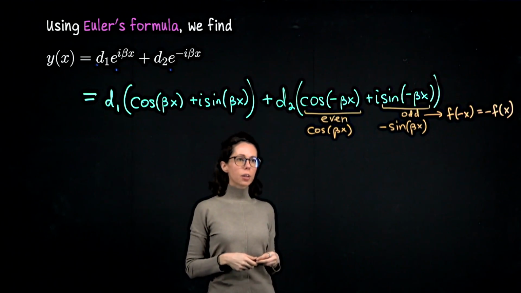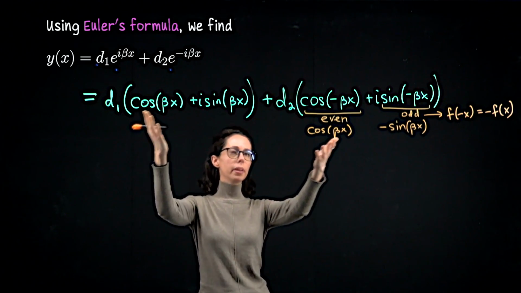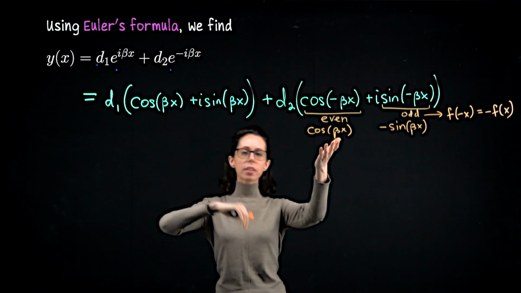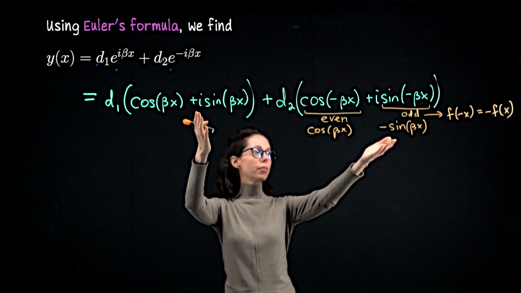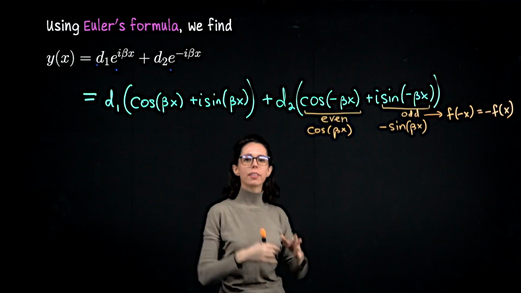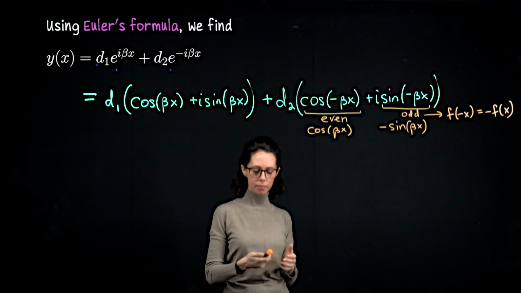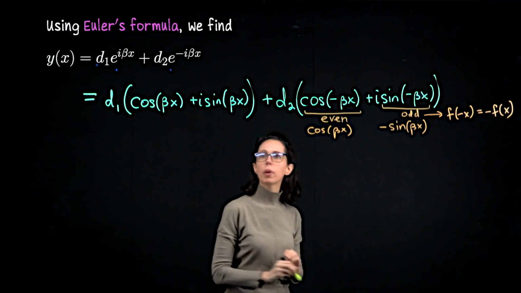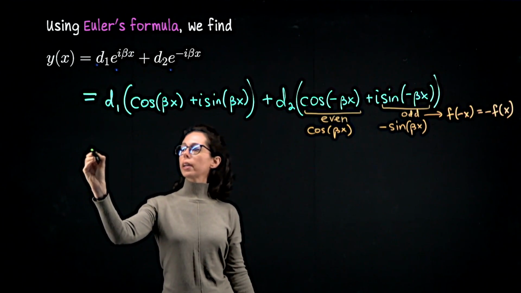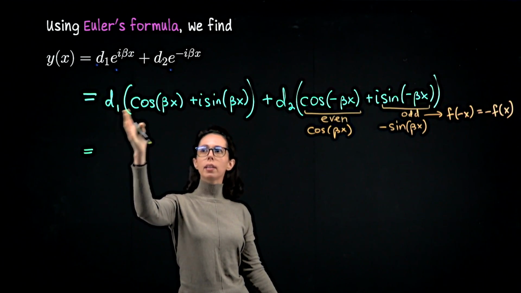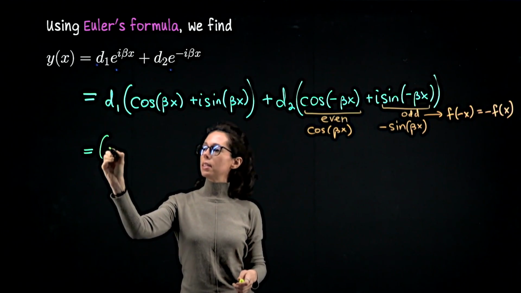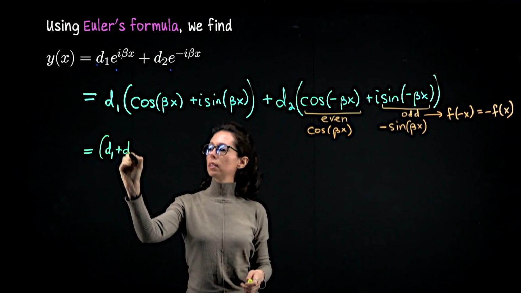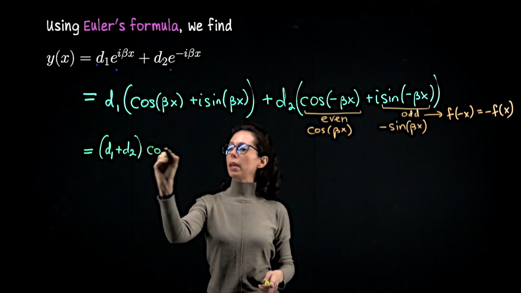Let's combine like terms here. I'm going to pair these up and pair these up. Notice the cosine parts are real looking. We don't have an I coefficient, and we do in front of the sines too. So that's another way to think of this as combining like terms. All right, so on the next line, what I'm going to do is recognize that we have d1 times the cosine plus d2 times the same cosine. Let's write that as d1 plus d2 times cosine of beta x.